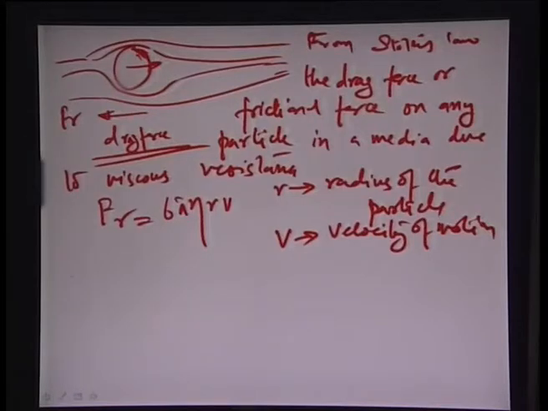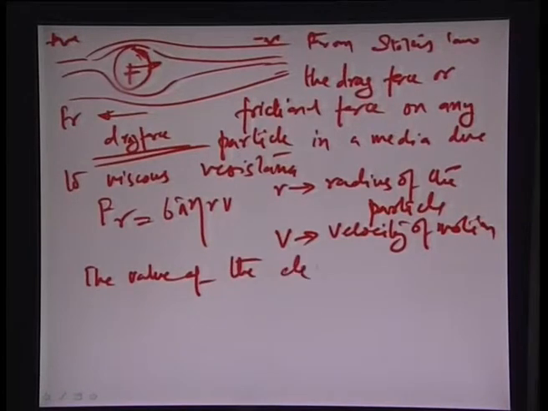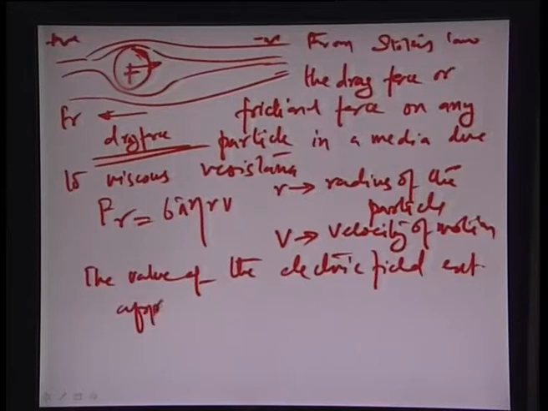Now let us suppose that, let's say this is a positive charge, it goes towards the negative electrode here. So we suppose that the value of the electric field externally applied in this particular instance is given by the term X. Okay.